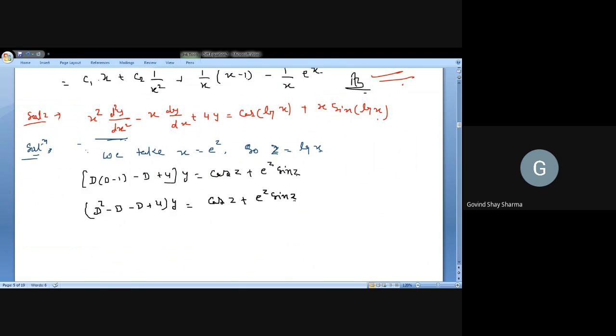Okay students, we can write here first of all D squared minus 2D plus 4, y equals cos z plus e to power z.